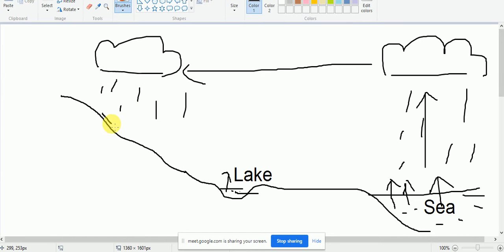This rainwater will be flowing down the slopes of the mountain. Some of the water will be absorbed by the surface, and some will be entering the lake, and some will be flowing down as a river.